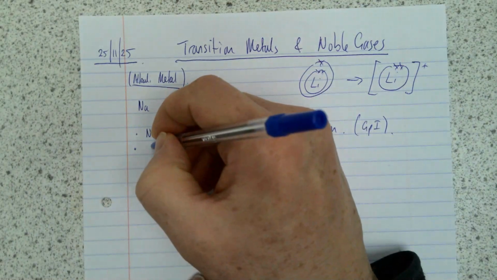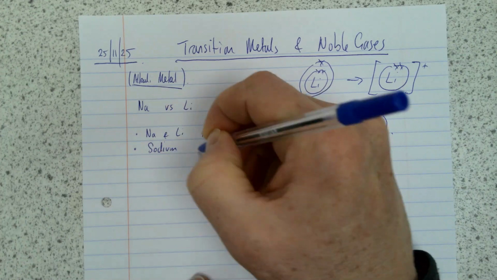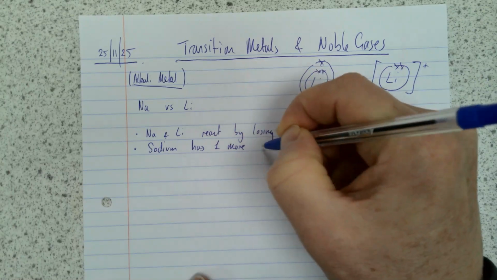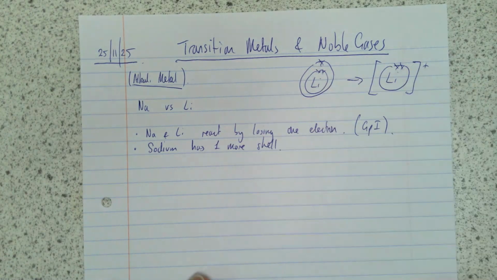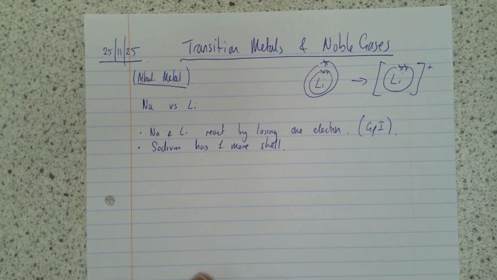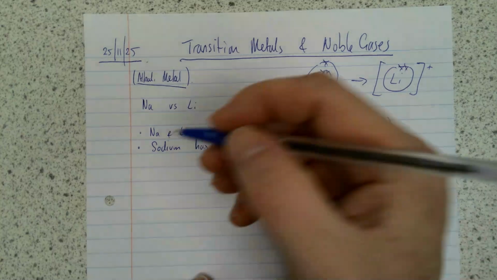You had to say for that, sodium, or Na, has one more shell. Some people wrote in their answers that they have one more outer shell. Did anyone write they've got more outer shells? Good. Well, sometimes people do. You've just got one more shell, only one outer shell, isn't there?